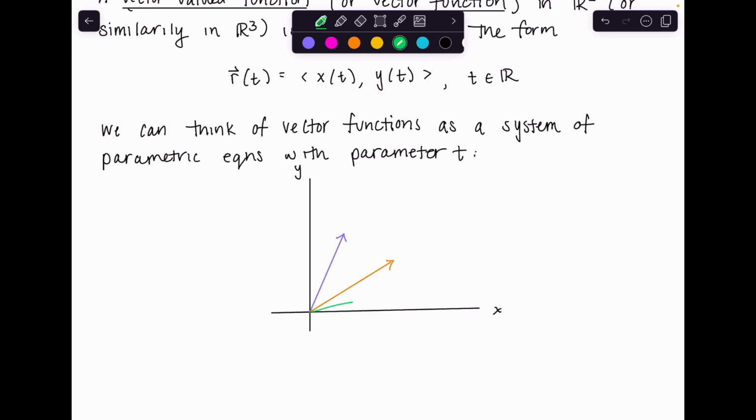Input another, it gives you this. So what happens is your curve is going to be traced out by the endpoints of these vectors. So our function r of t might look something like this, and it's being traced out in this direction as you increase that t value. So here is r of t.